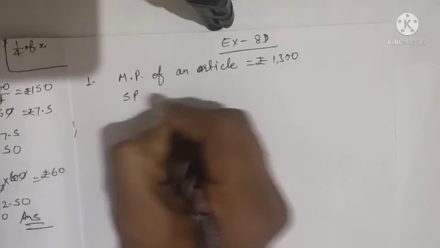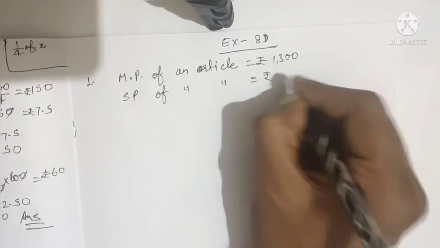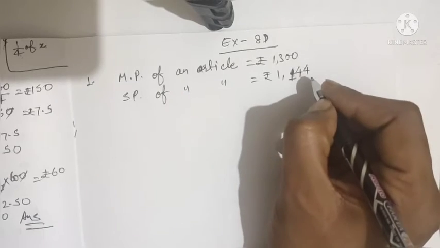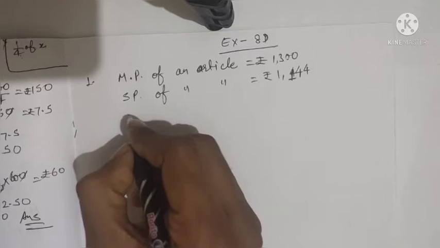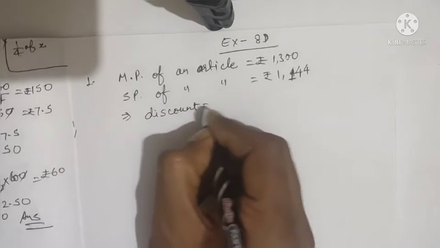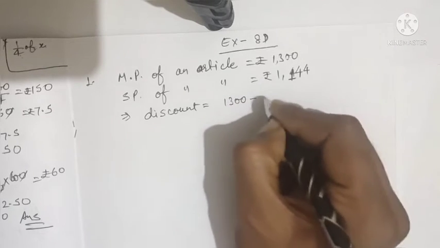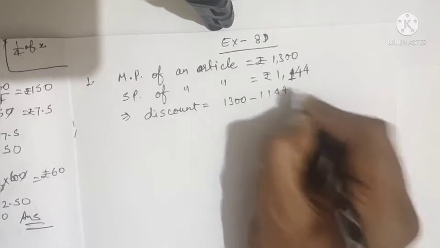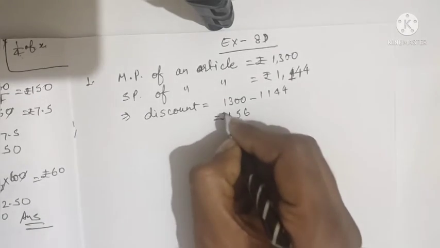That implies the selling price of an article is rupees 1144. Now we have to find the discount. That implies discount is equal to simply marked price minus selling price, that is 1300 minus 1144, which is equal to 156.